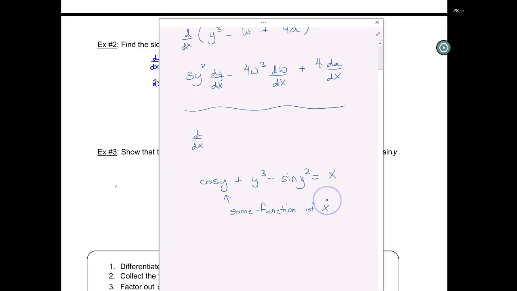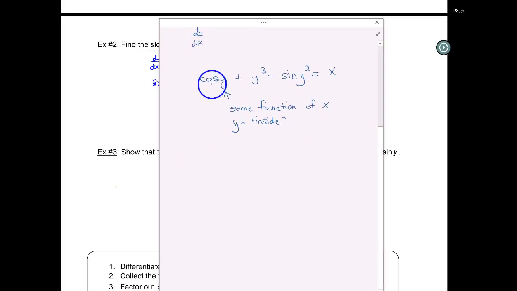In other words, in some mathematical world, I might be able to isolate the y, just not in our world. But this is a function in terms of just x and y. So right now I have it as x equals, but maybe in some math world we could actually isolate the y. But in this case we can't. So we treat y as the inside, and we do the chain rule.